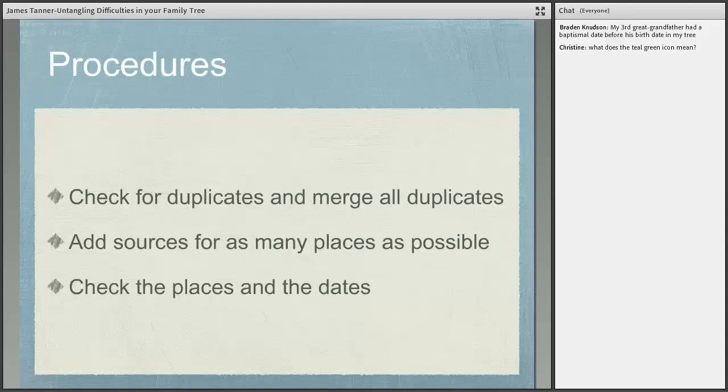So there are outside third-party ways of addressing the problem of duplicates in the family tree. The second part of this is to add sources for as many events in the person's life as possible, and then to check that the places and the dates are correct and consistent with reality, that mothers weren't having children when they were 3 years old and babies weren't being born 5 and 6 years after the father died.